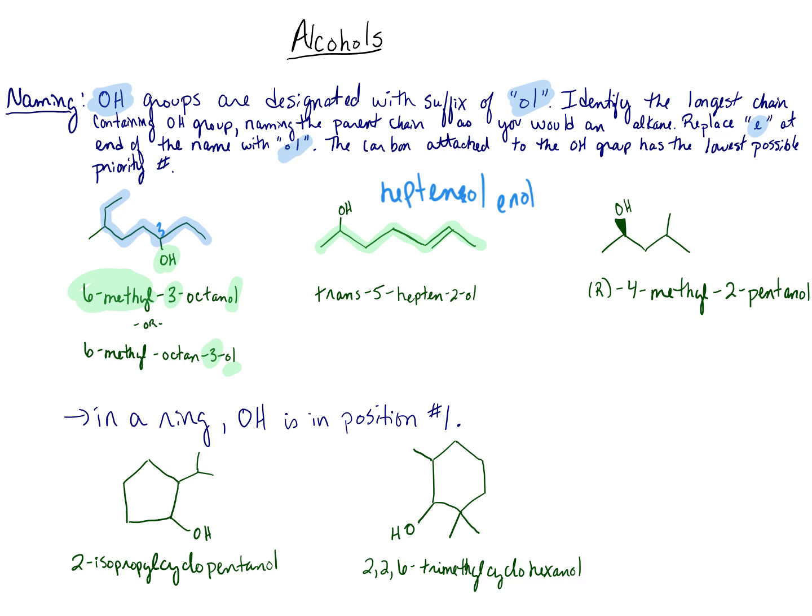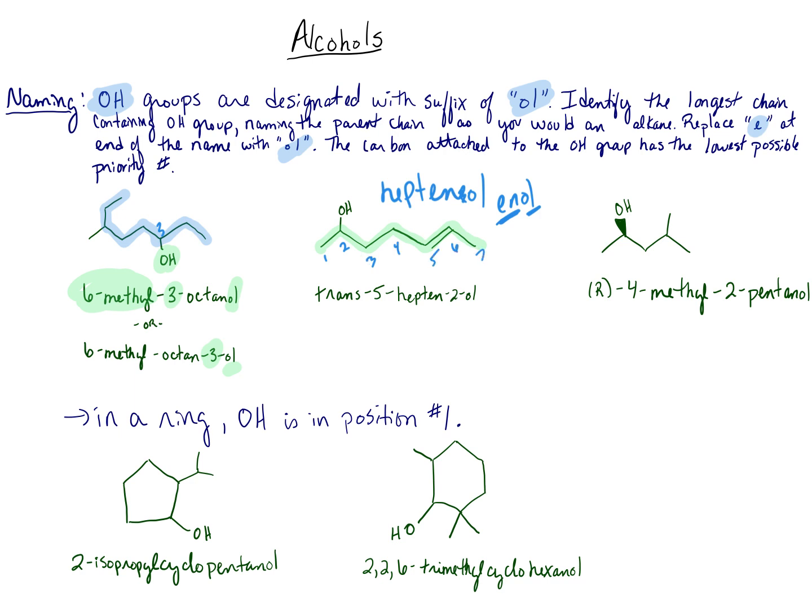The thing is that we then have to be able to tell people where each of those functional groups is located, right? So the EN, being not the full end of the word, has a lower priority than the OL, which has the higher priority. So that gets the lowest number possible. So we would do this 1, 2, 3, 4, 5, 6, 7.